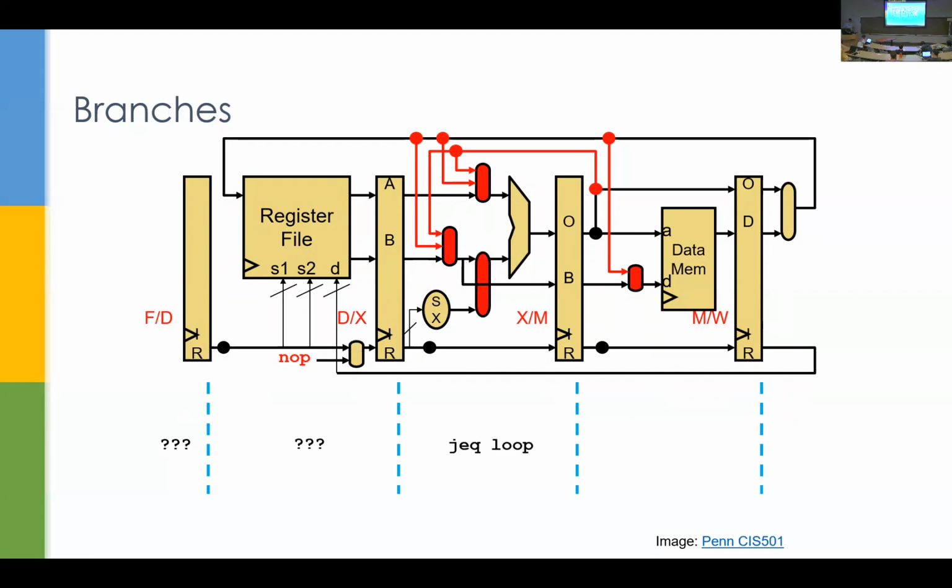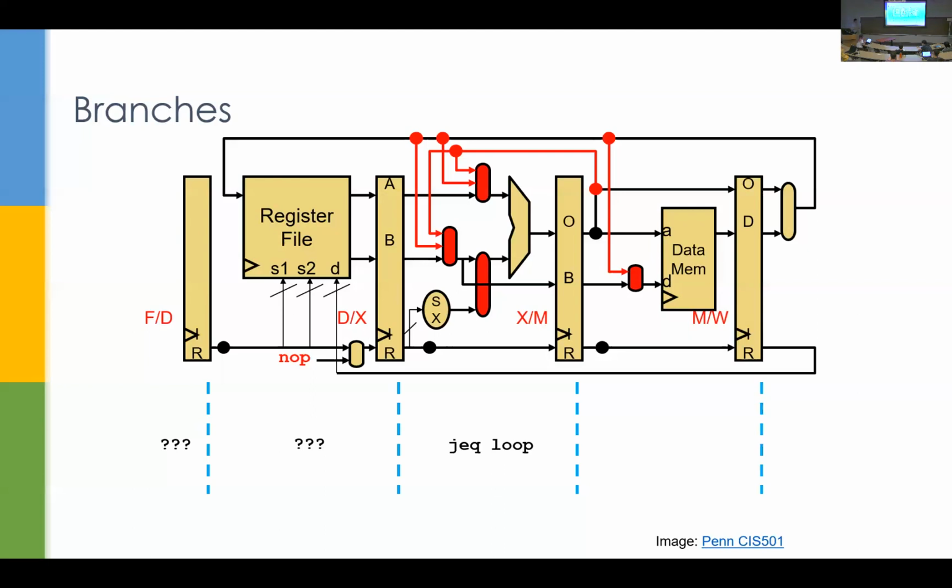If we have a branch, for example, in this J equal loop, where we are testing equality, you don't know what instruction to load in this first cycle until the result of this gets written out.